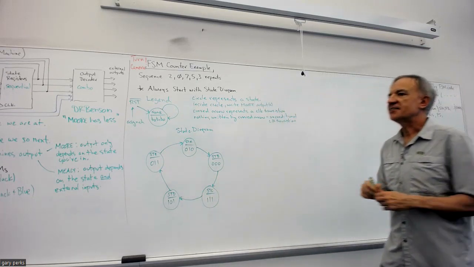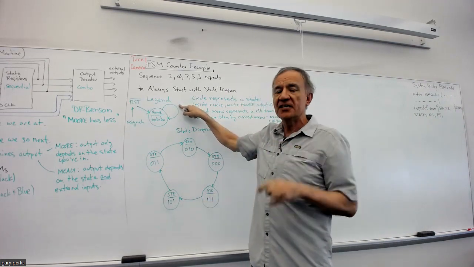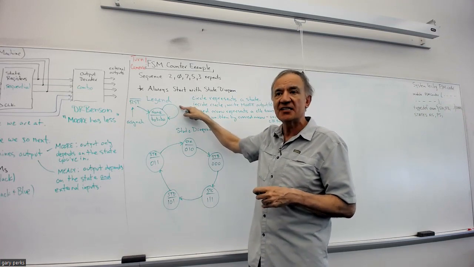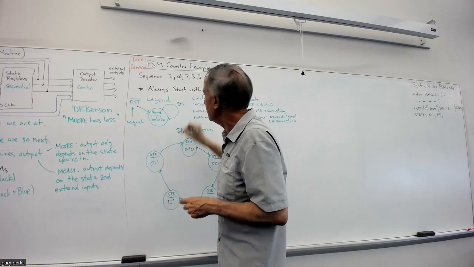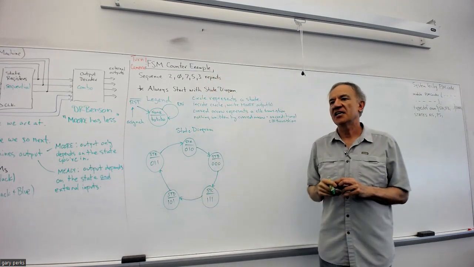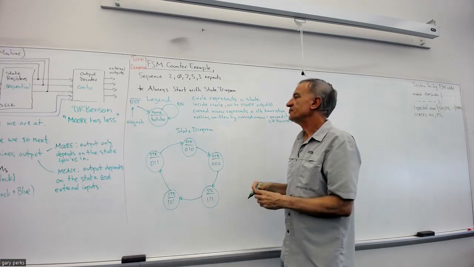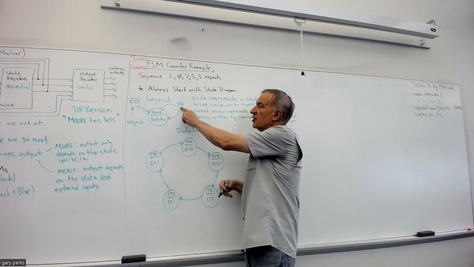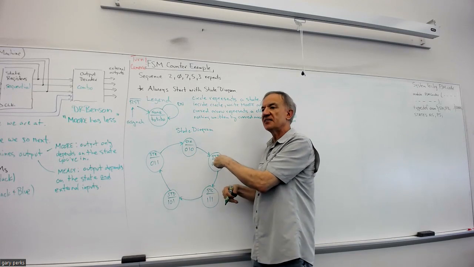All right, the next thing we're going to add is we're going to make this clock transition conditional instead of unconditional. We're going to make it conditional based on an input, enable. I've decided that when enable is active, we'll go from one state to the next.